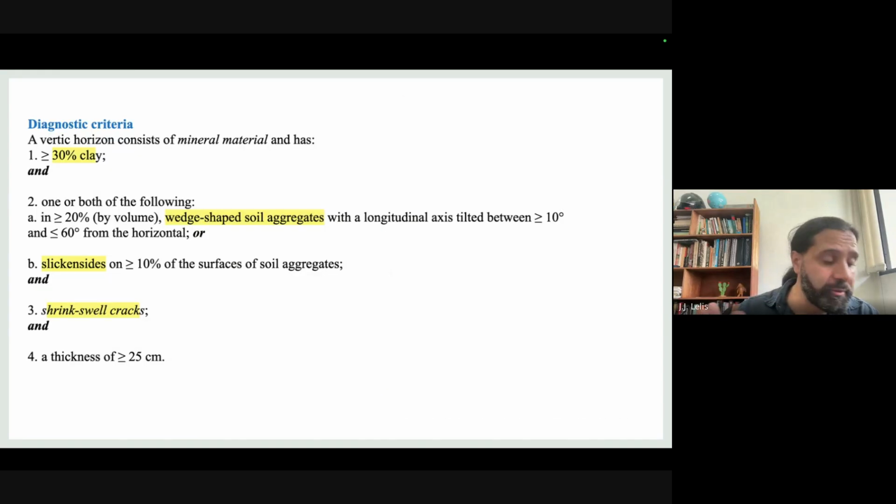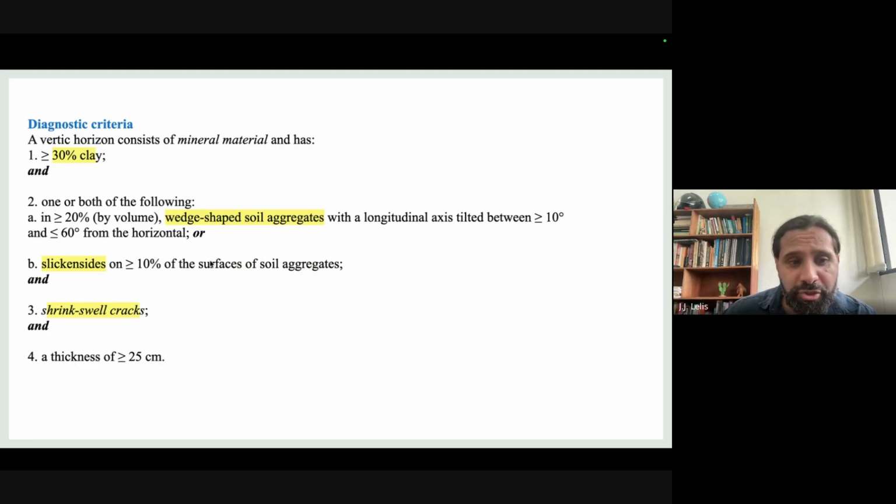So let's see the criteria for this specific horizon. First of all, we have a minimum content of 30% of clay. We must register at least 20% by volume of wedge-shaped soil aggregates, as I showed you, and they should be tilted between 10 and 60 degrees from the horizontal.